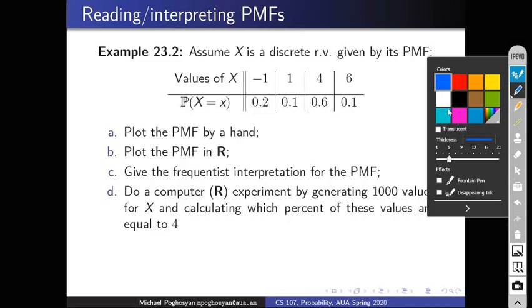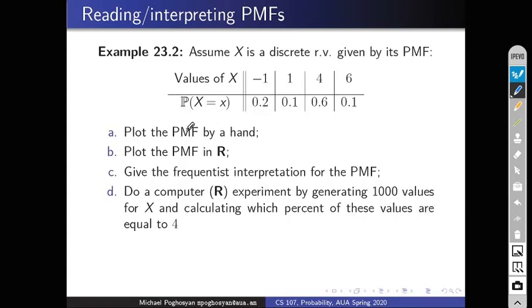First, I want to draw the PMF by hand. This is easy. The table was the following.